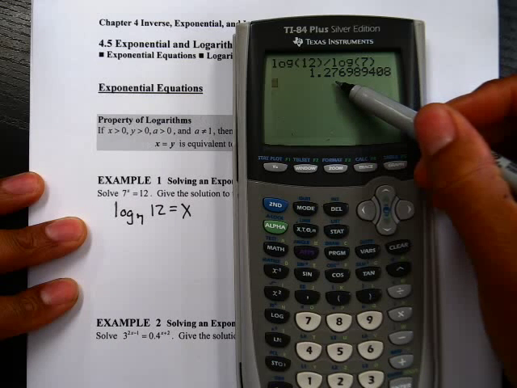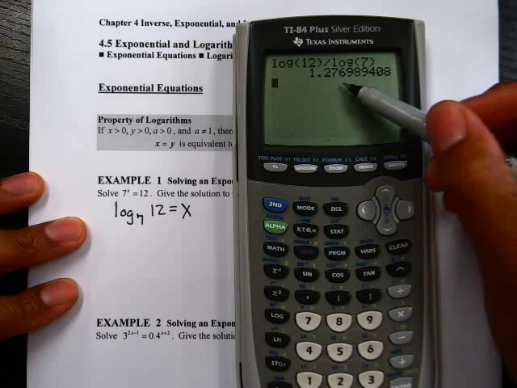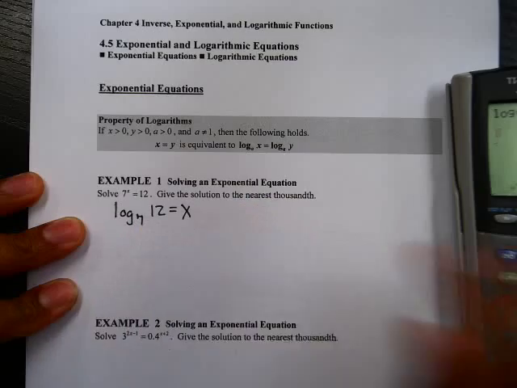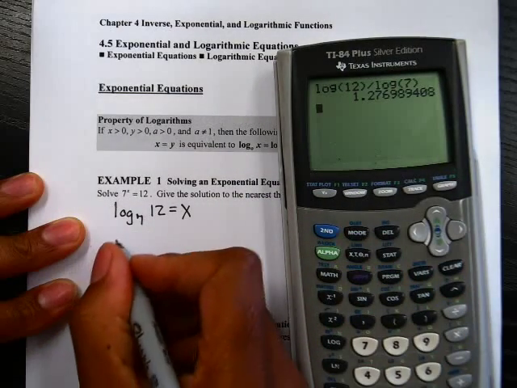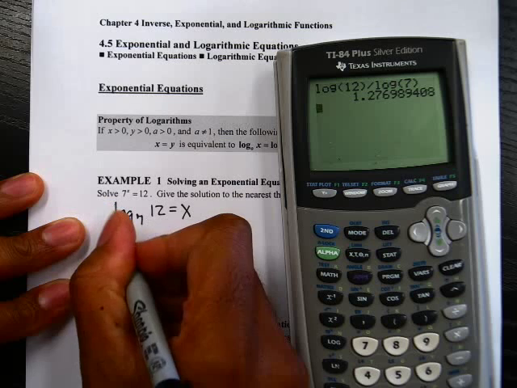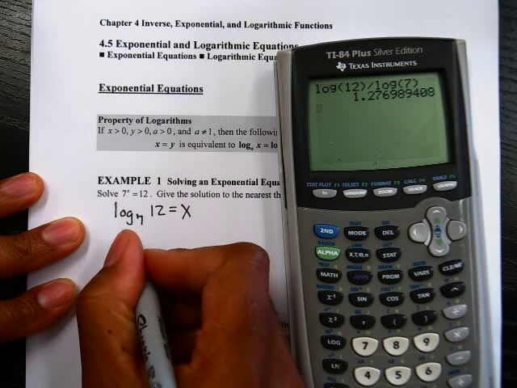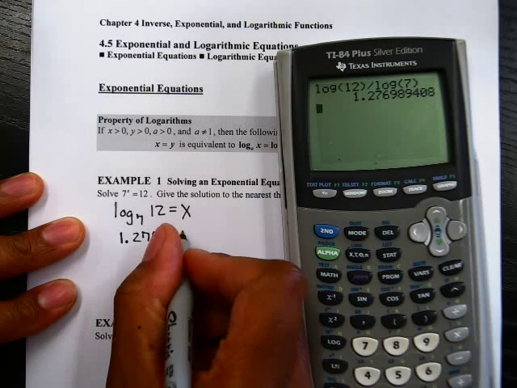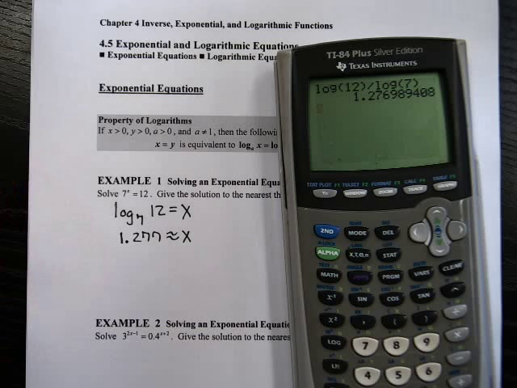So I get 1.276, the 9 tells the 6 to go up to a 7. And that's an approximation, so that's why we mark this with an approximately equal sign. So x is approximately 1.277 using that change of base theorem on that one.